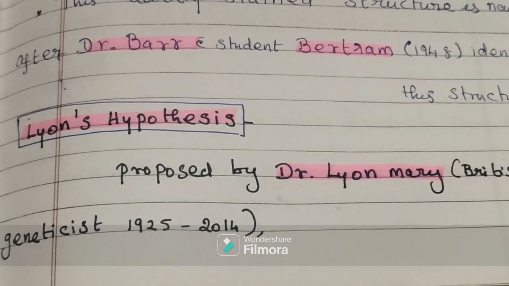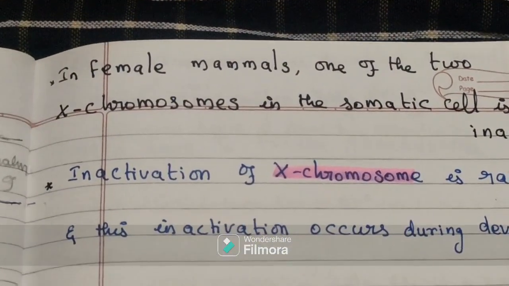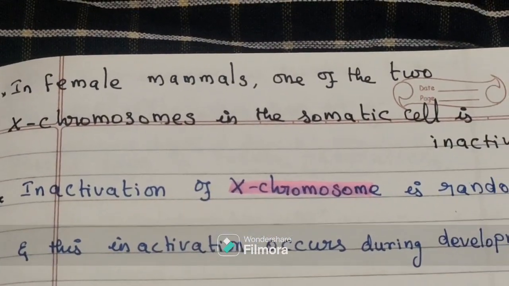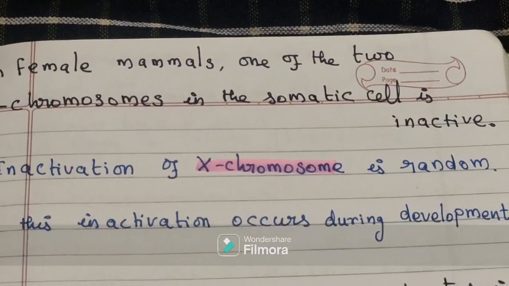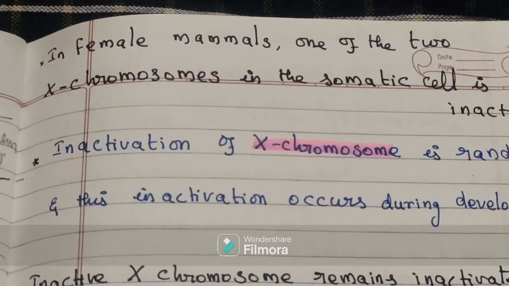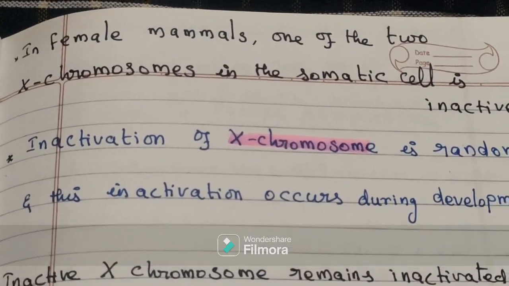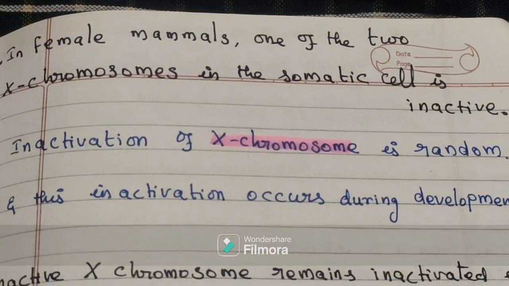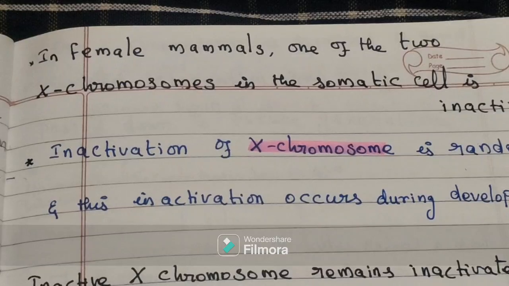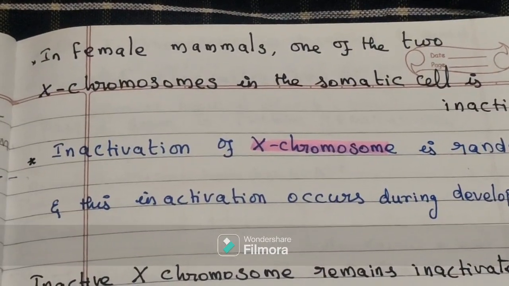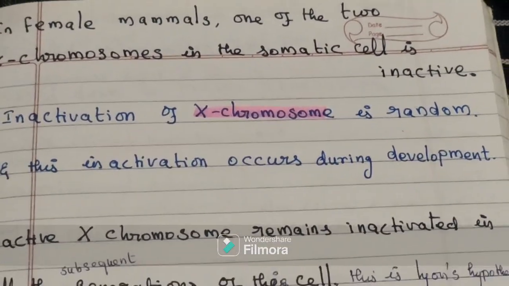According to this hypothesis, in female mammals, one of the two X chromosomes in the somatic cell, the body cell, is inactive. Either X chromosome can be inactivated, and the inactivation is random.